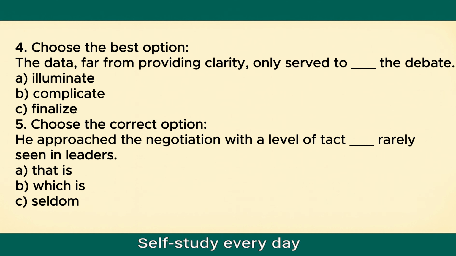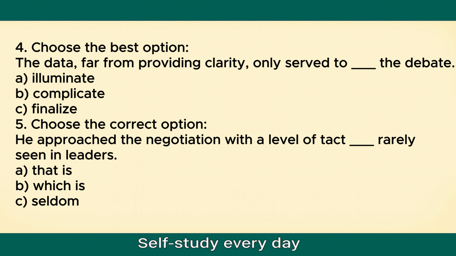4. Choose the best option. The data, far from providing clarity, only serve to complicate the debate. A. Illuminate. B. Complicate. C. Finalize. 5. Choose the correct option. He approached the negotiation with a level of tact that seldom seen in leaders.